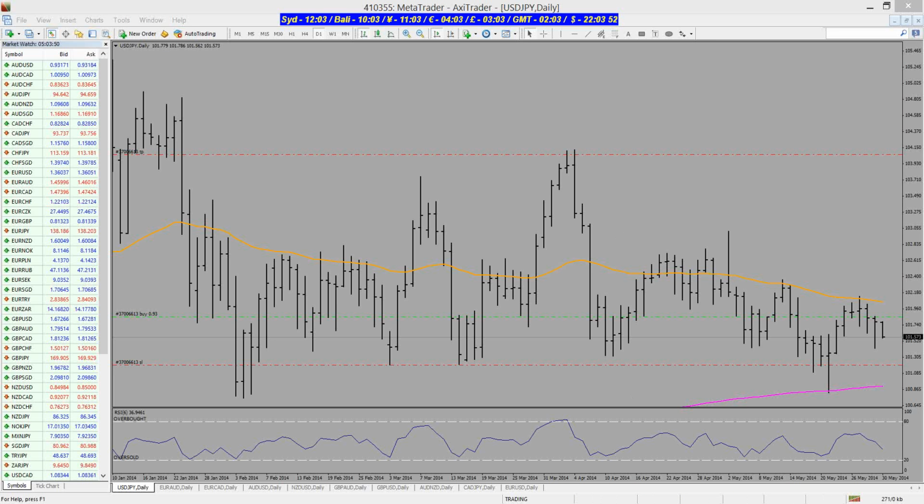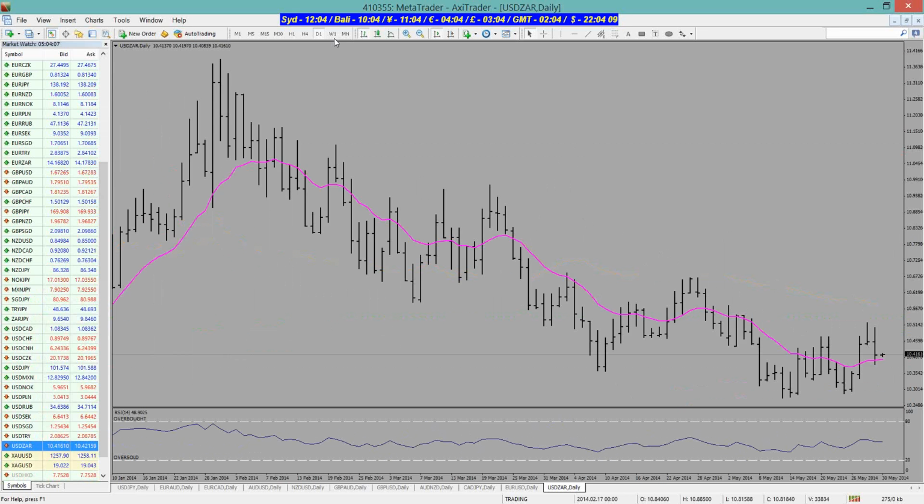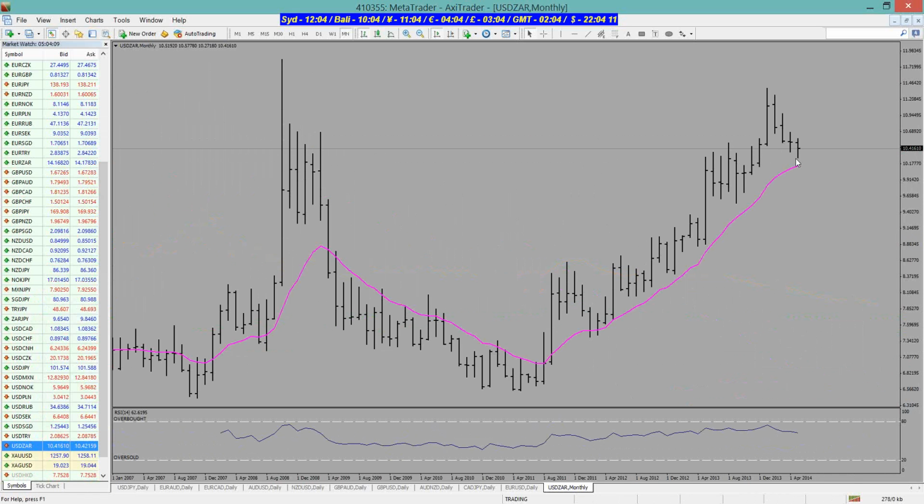So there's a pattern like this, made a pretty good run down. There's no real strong support in the way now, however, and if it breaks the last swing low, what do you think of the chances of it going down to 10? Well, as I said, my concern is that double bottom. This does seem to be a bit of support.